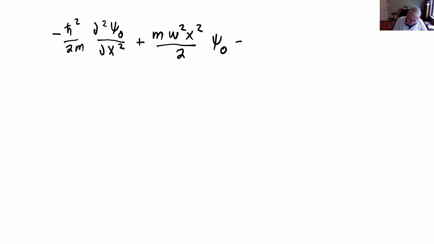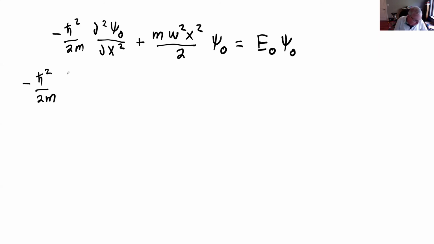Okay, and all that is supposed to be what I'll call E0 psi 0, where the 0 is just labeling that this is all for the state that has quantum number value of 0. Now we're going to put in what we just got for the derivative. So we'll put minus h bar squared over 2m here.